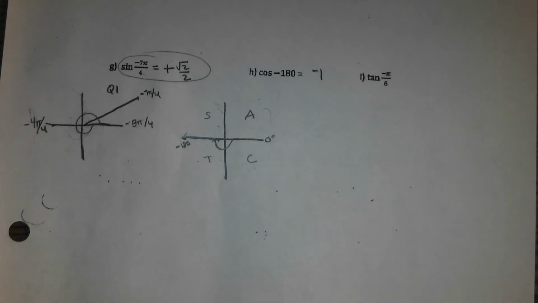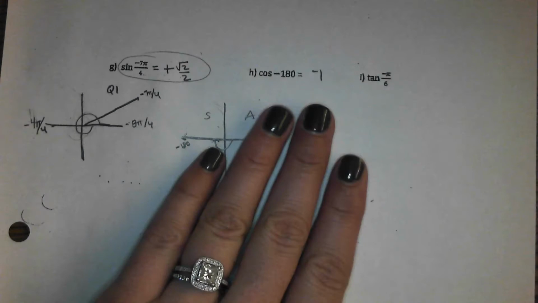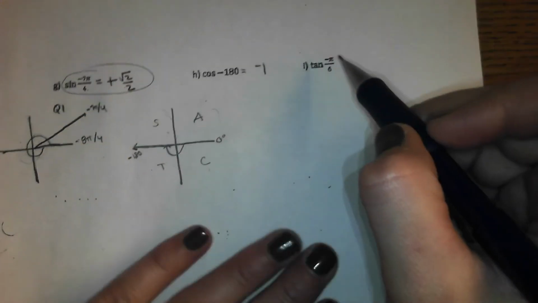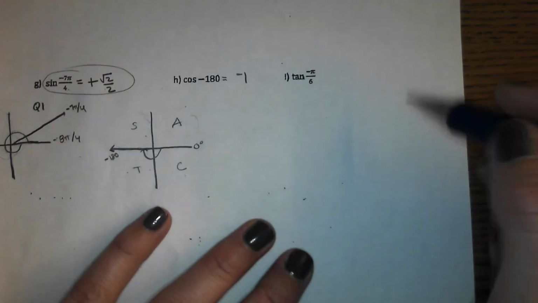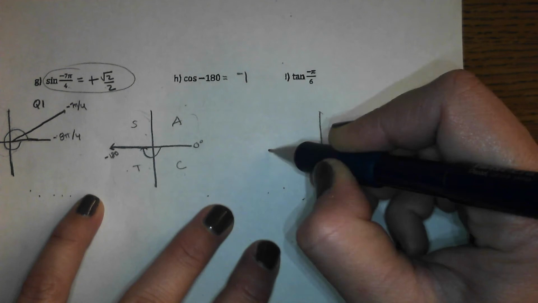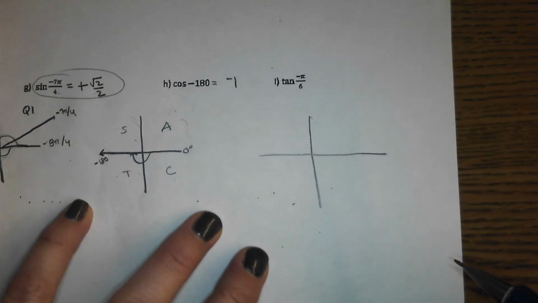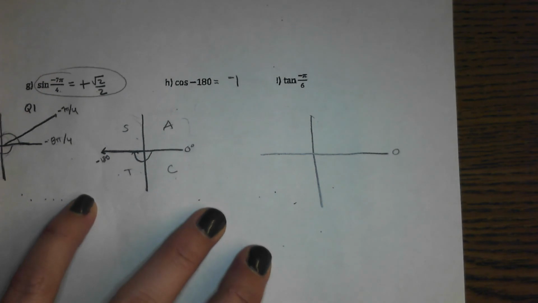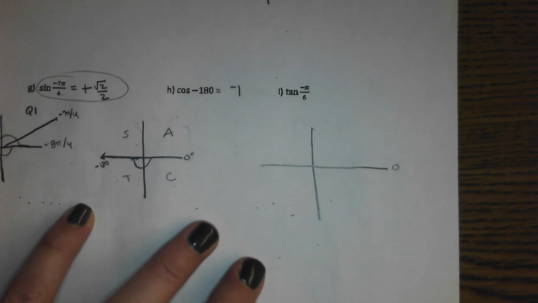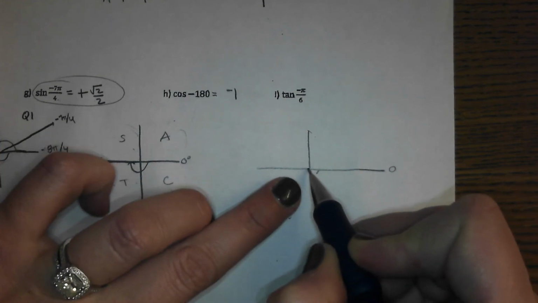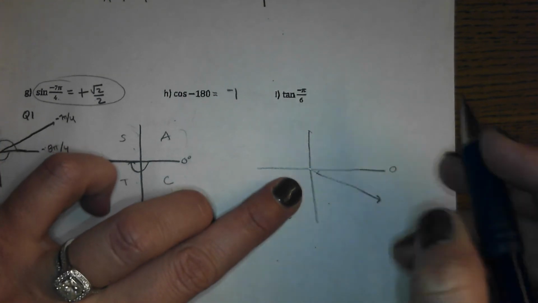I'm going to give you one quick thing about sines and cosines, hopefully, before we leave today. Last one. Tangent of negative pi over 6. What quadrant are we in? Yes, because we're just going backwards, and we're barely going backwards, just negative 1 pi over 6.